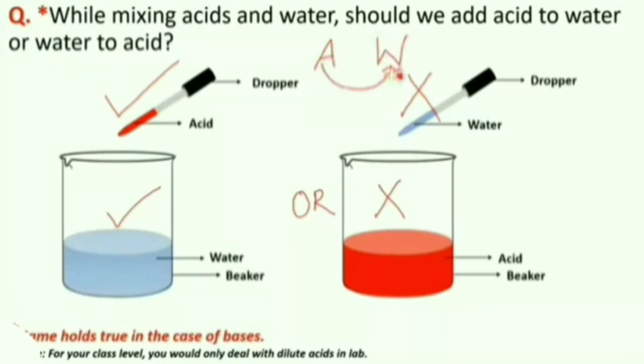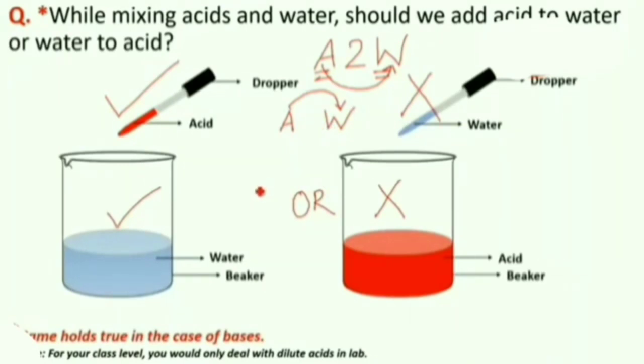So A comes first, then W. So acid to water. Why am I saying this, children? Because many children have doubt on it and they confuse while writing the answer. So always acid is added to water, that is A to W. And it is easy to remember for you now. So A comes before W.